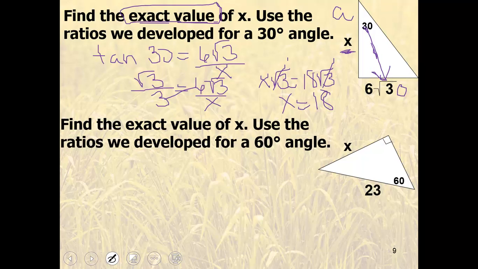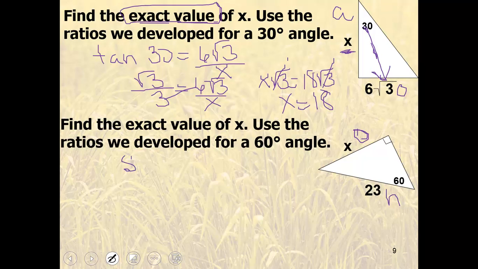All right, let's do this next one. I have a 60-degree angle here, and this is my side opposite, and this is my hypotenuse. So which trig function is OH? Well, that's sine.